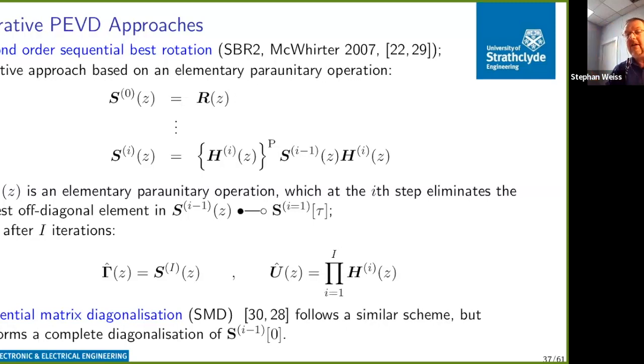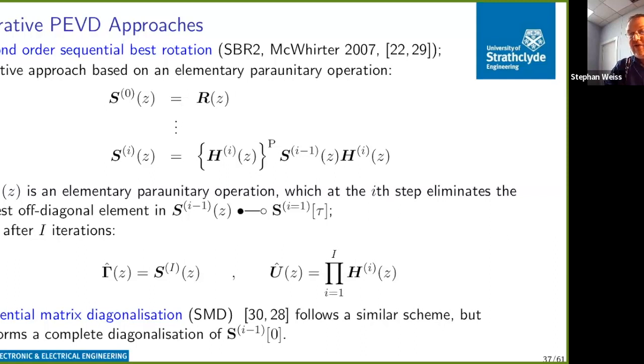So it's more costly, but per step it transfers more energy. And there's quite a lot of different versions of these algorithms around with different search strategies and transfer of energy, so they have slightly different convergence properties.